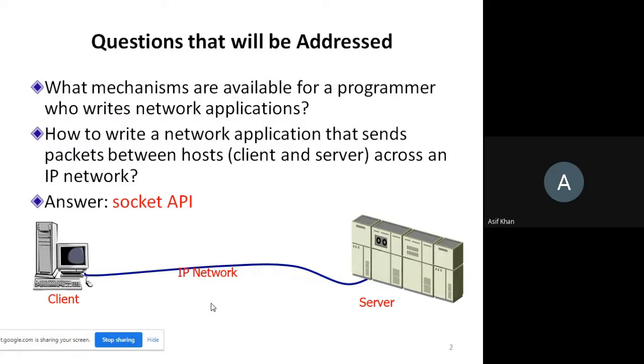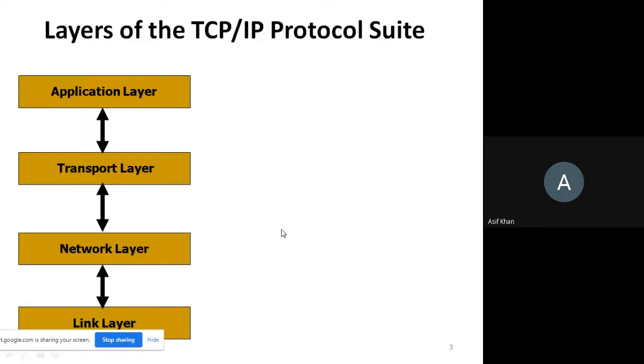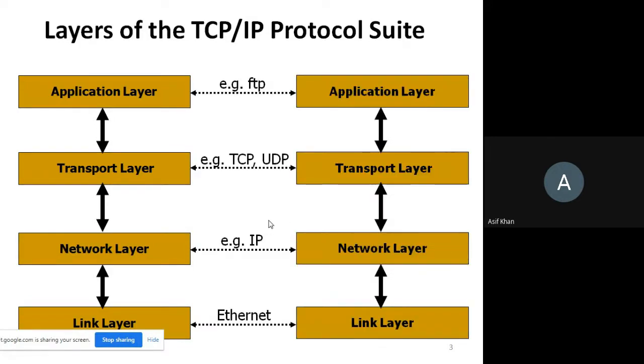The network that uses TCP/IP protocol is an IP network. So for network programming, we use the socket application programming interface. What is an API? API is actually a set of functions and structures.